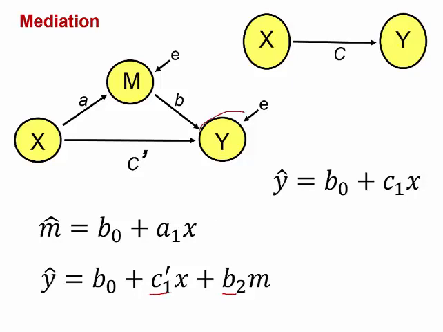This is showing how, if we use both M and X as two predictors of Y, we get the effect of M controlling for X and the effect of X controlling for M.